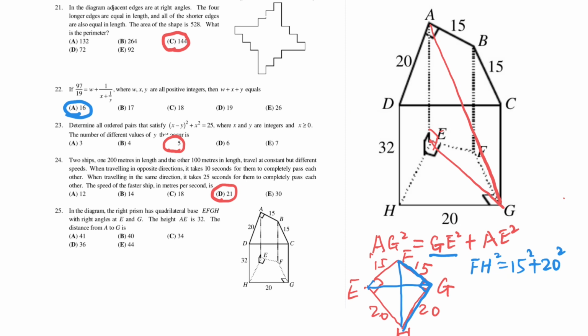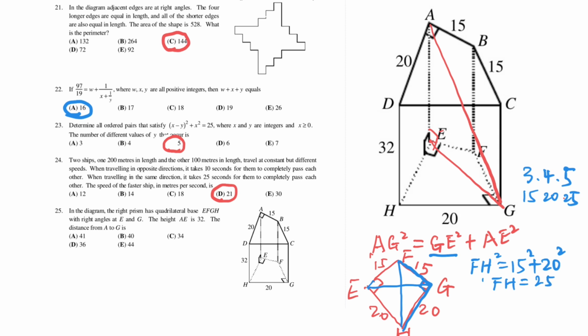This is a Pythagorean triple, a multiple of 3, 4, 5. Dividing both by 5 gives us 15, 20, 25. So FH is 25.